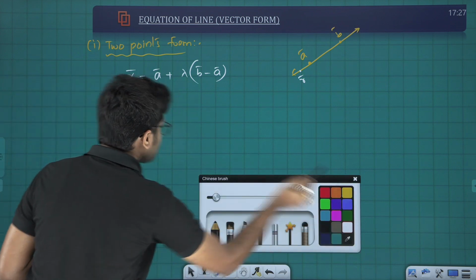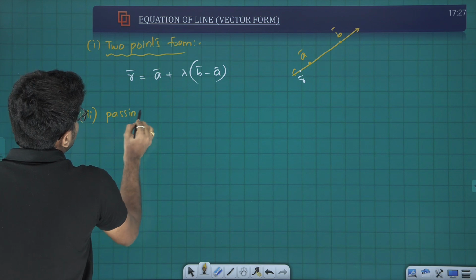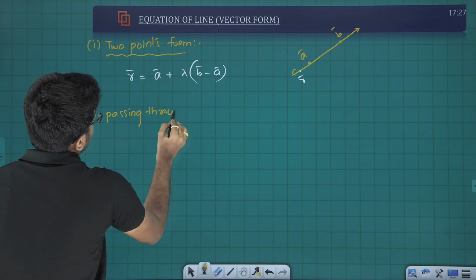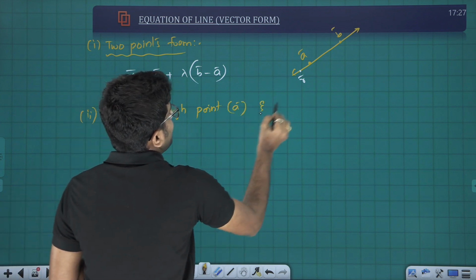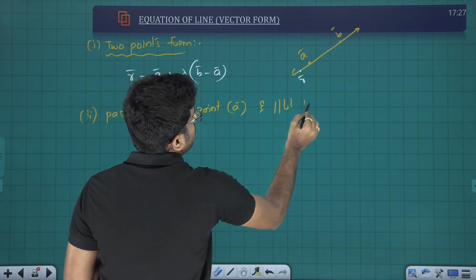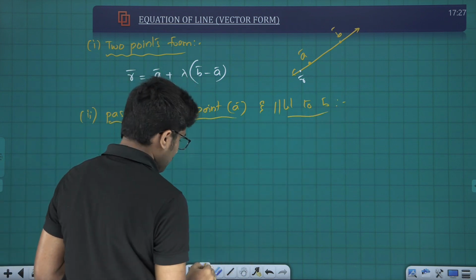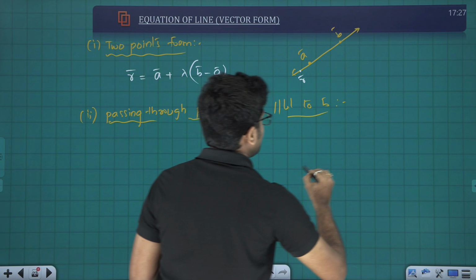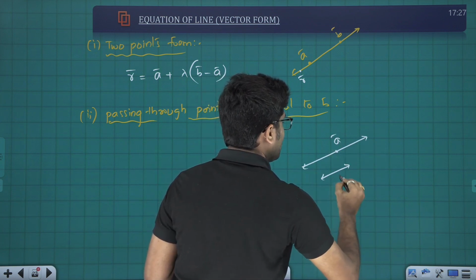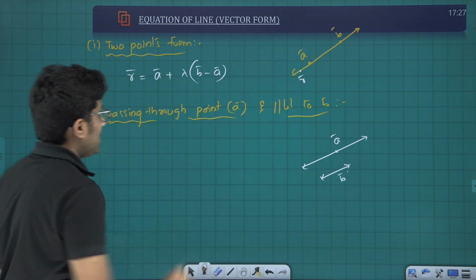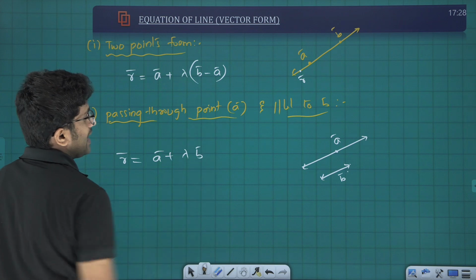Number 2, this is 2 points form. Number 2, passing through a point A bar and parallel to some vector B bar. In this case, passing through a point A bar and parallel to another vector B bar, the equation of this line is R bar equals A bar plus lambda times B bar.